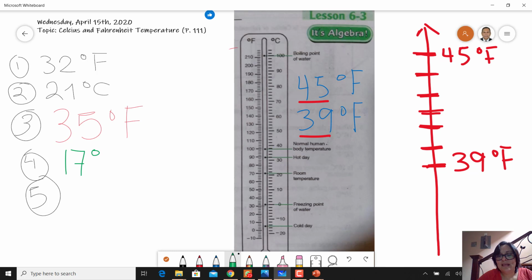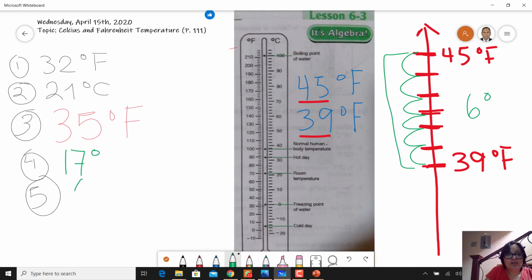So what is the difference between 45 and 39? Let's count the degrees. We have 1, 2, 3, 4, 5, 6 degrees of difference between 45 and 39. So in number 5, we are going to answer 6 degrees. Okay? So that is the topic for today.